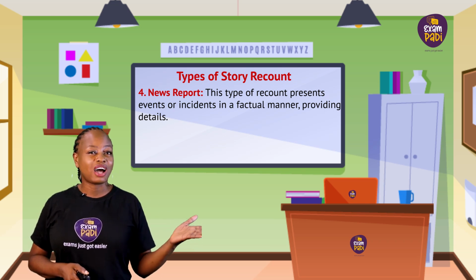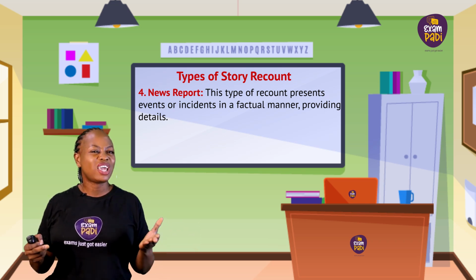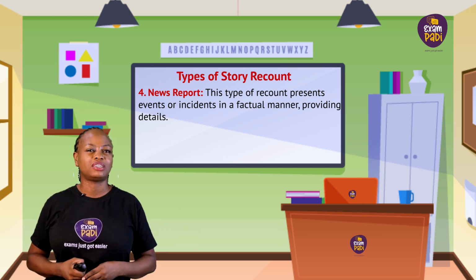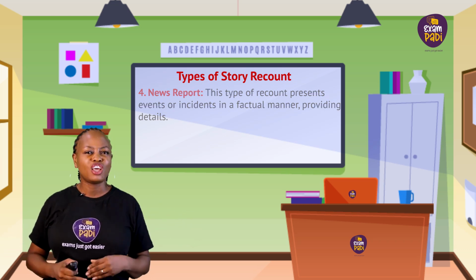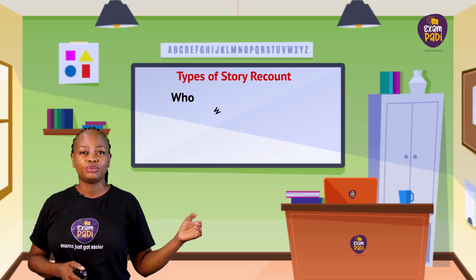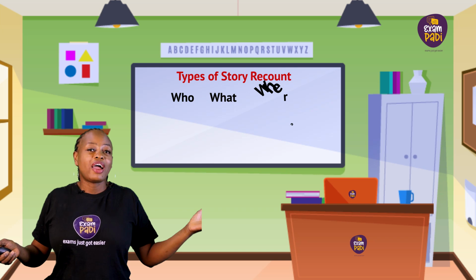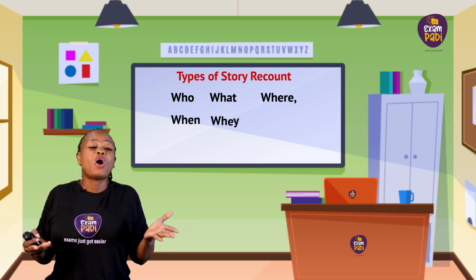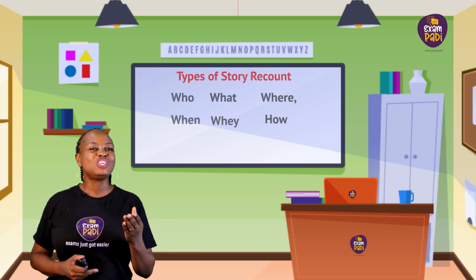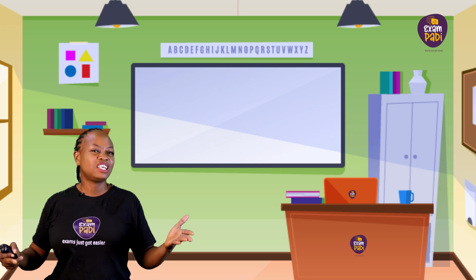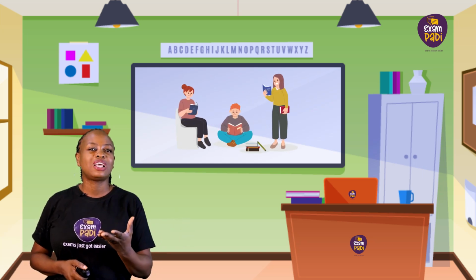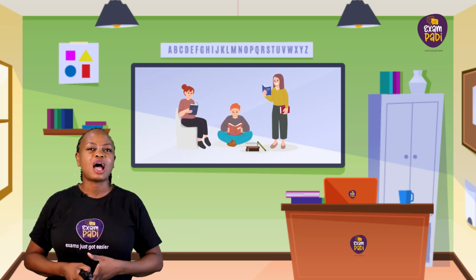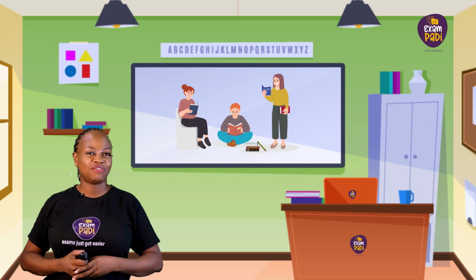This type of recount presents events or incidents in a factual manner, providing details such as who, what, where, when, why, and how. News report is an objective recount. Its purpose is to inform the reader about current or recent events.